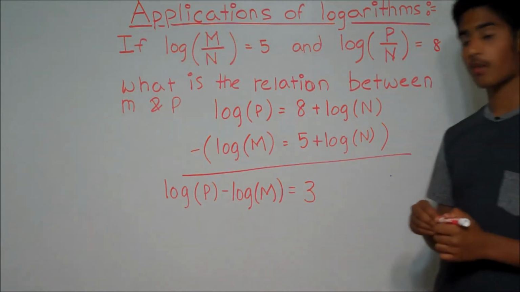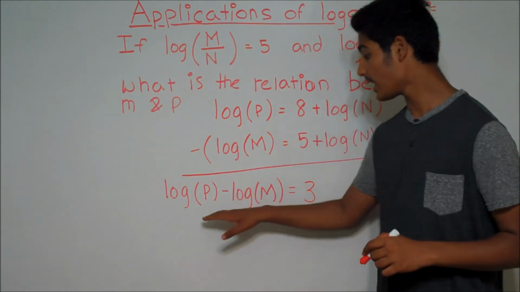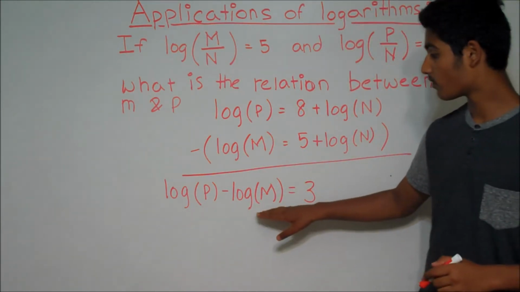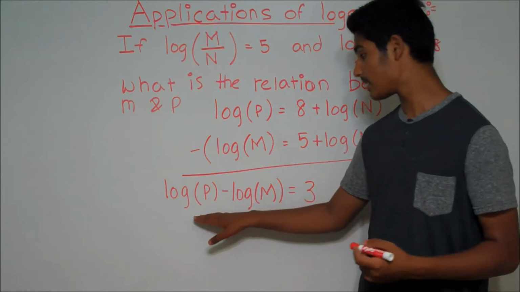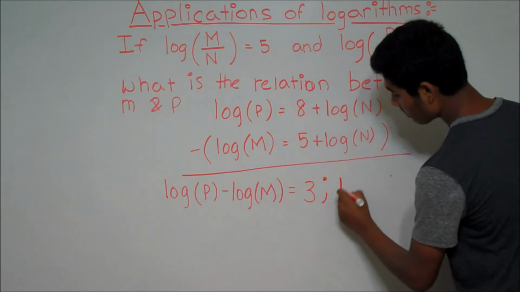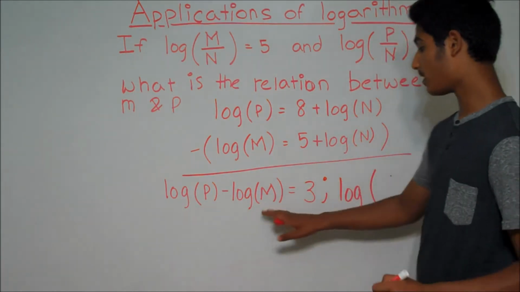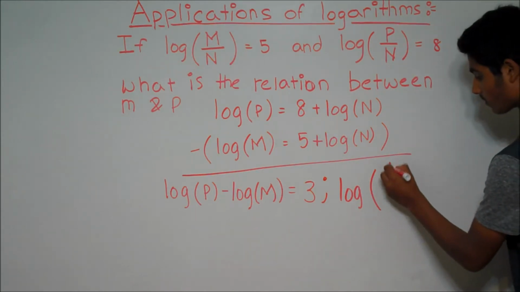If we go back to our properties of logarithms, we remember that if you subtract a logarithm from another logarithm with the same base, then this is the same thing as one big log with both these values inside.